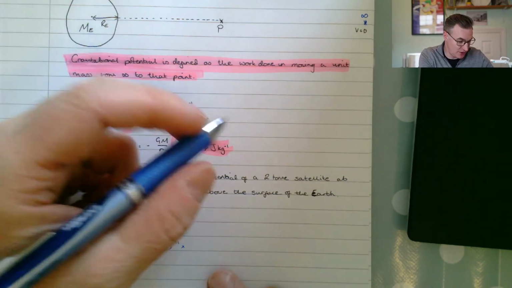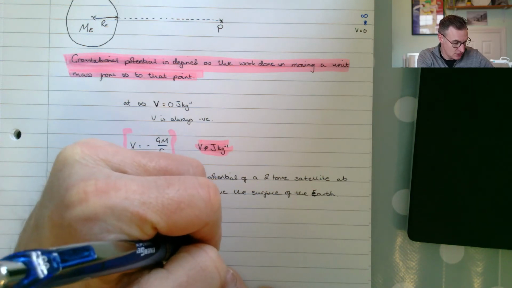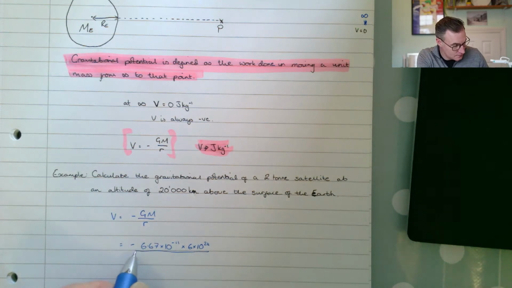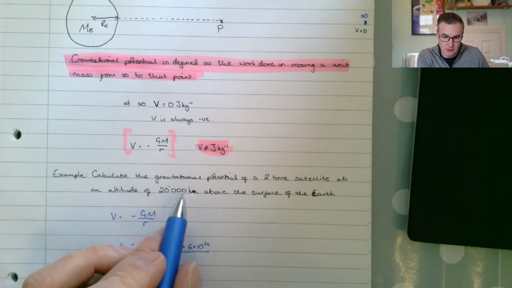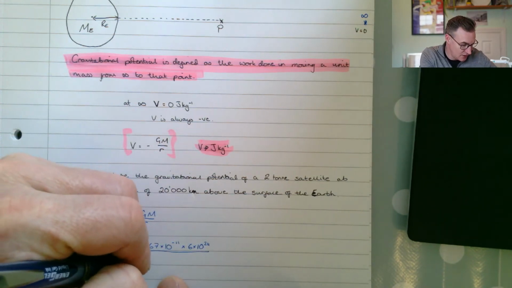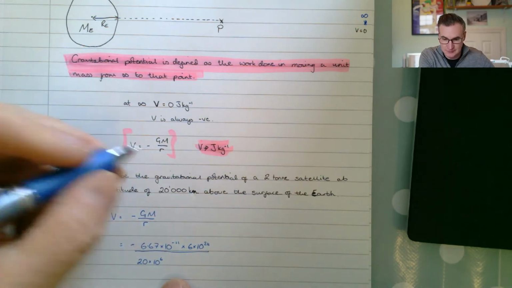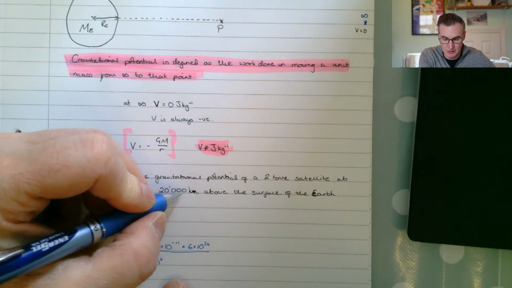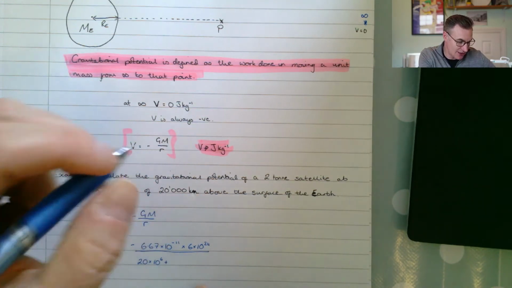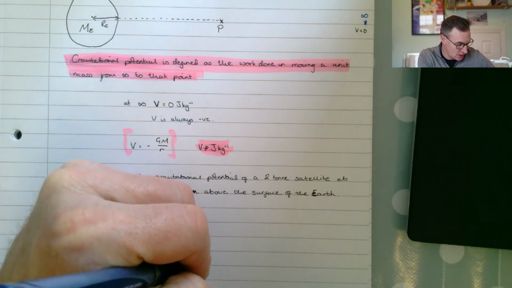Again, this can be found in the data sheet, but we're looking at 6 times 10 to the 24. And that divided by R. It's 20,000 kilometers above the surface of the Earth, so we have 20,000, which I'm just going to say is 20 times 10 to the power of 6. Kilometers to meters, 1,000, 1,000, 1,000 is a million, so times 10 to the 6. And we're going to add that on to the radius of the Earth, which is 6.4 times 10 to the power of 6.